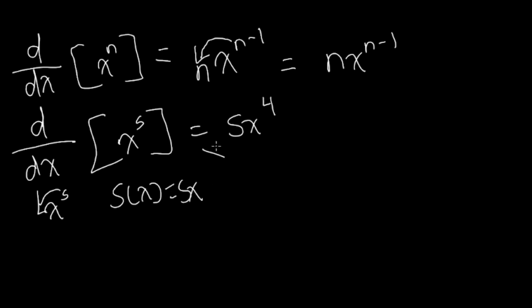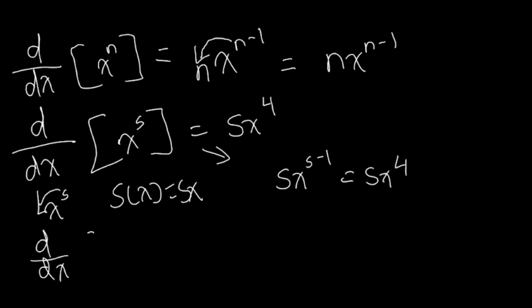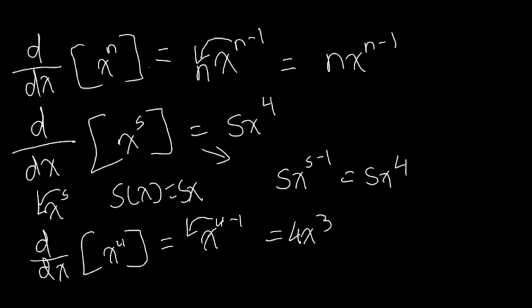So this is equivalent to 5x to the power of 5 minus 1, which is equivalent to 5x to the power of 4. Likewise, a question like x to the power of 4, we would be bringing 4 over here and subtracting 1. That's 4x to the power of 3.